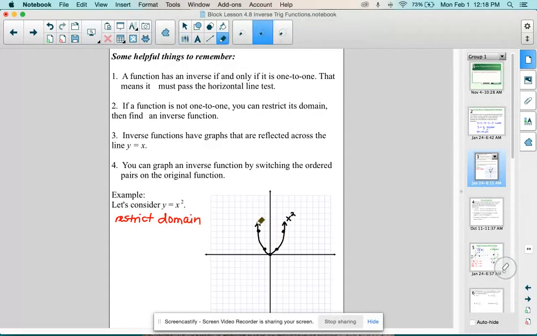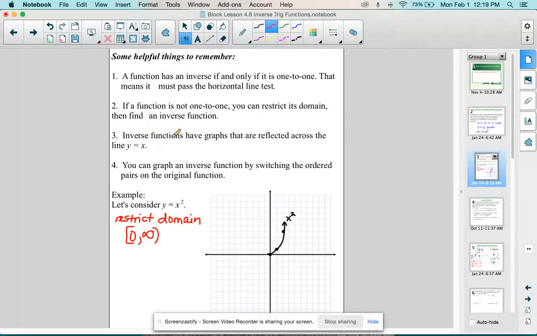Essentially, if this is symmetric, I want to take half of that symmetry piece off, leaving only 1/2. Now, I usually leave the positive side, but we're restricting the domain down to 0 to infinity. So we're only looking at those x values of the graph, and we're going to make an inverse function from that. Okay, so that's restricting the domain.